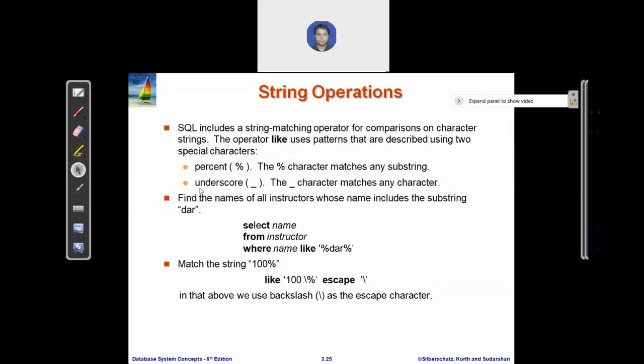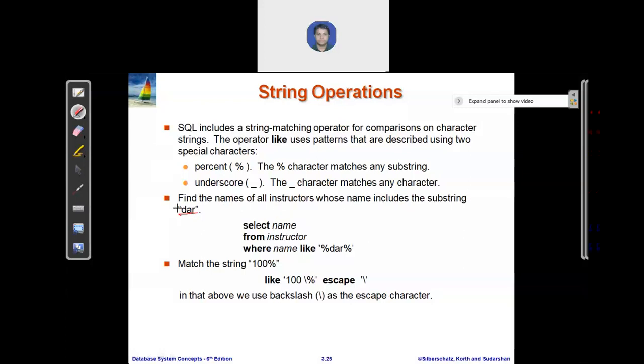As you can see in the query, find the names of all instructors whose name includes the substring dar. This means we want to retrieve the names of instructors that have dar as a substring anywhere in the name.